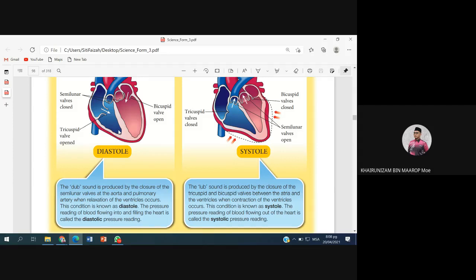The dup sound is diastole, when the semilunar valves are closed and the ventricles are in a relaxed position. The pressure reading of the blood flowing into and filling the heart is called the diastolic pressure reading.